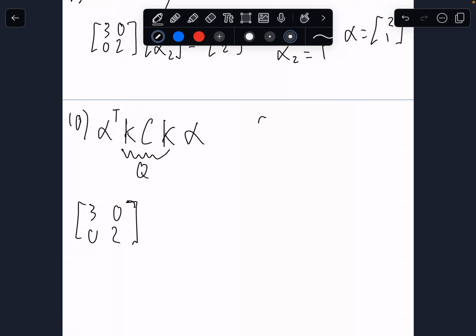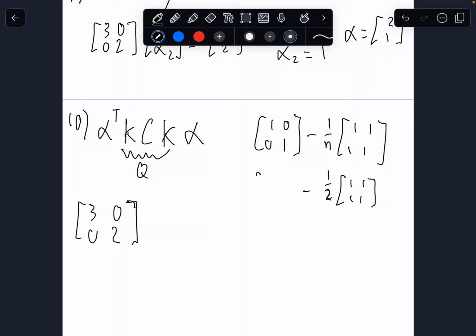C is the centering matrix, so you might remember that as the identity minus 1 over n times a matrix of 1s that match the dimensions. In this case, n is the number of samples. So this is minus 1 half times 1, 1, 1, 1, and the identity 1, 0, 0, 1. So this gives us 1 half times 1, -1, -1, 1.